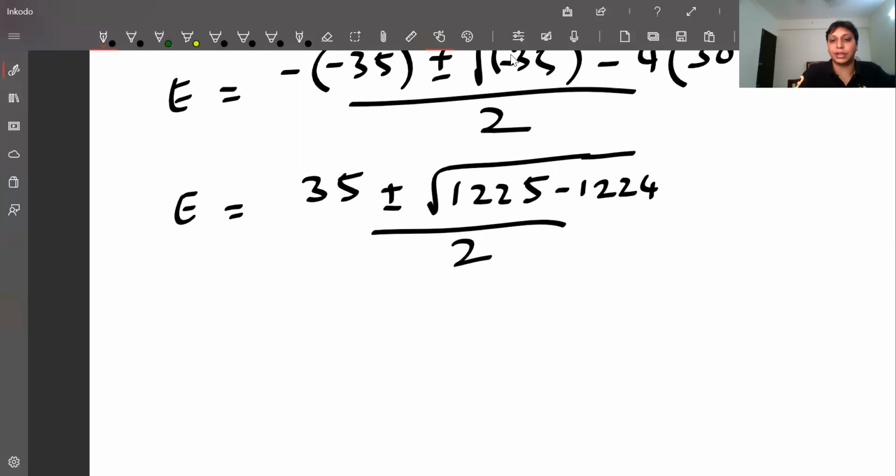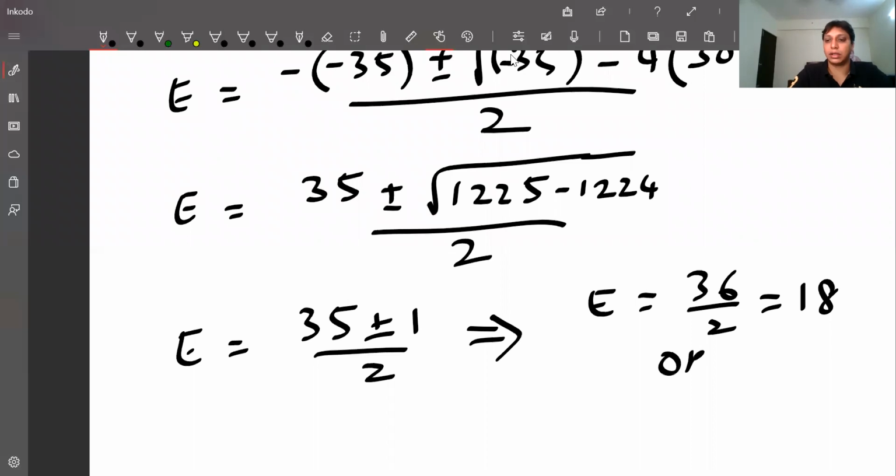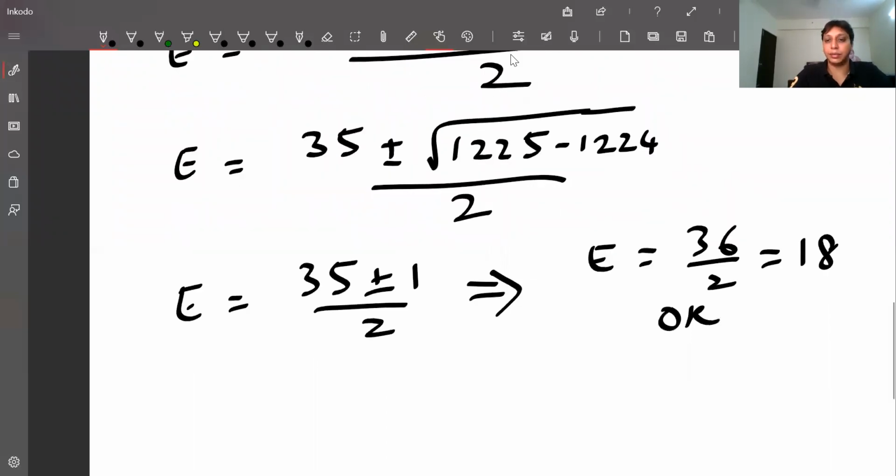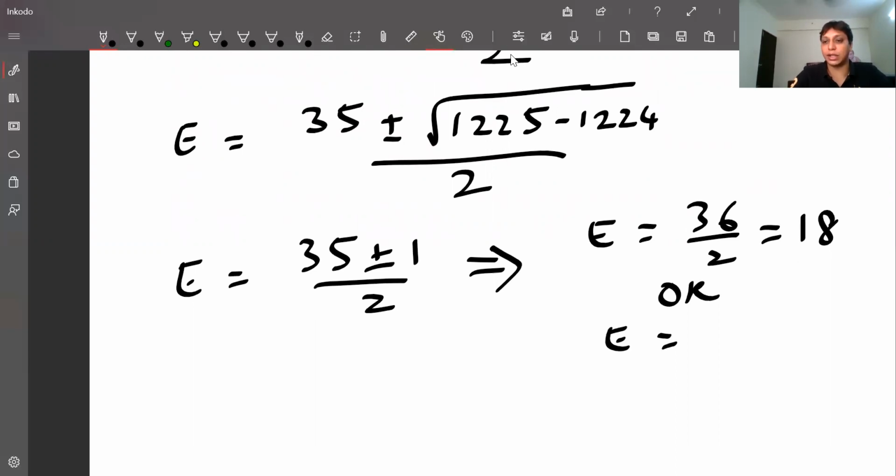Therefore, the values of E: if you take the positive one, you get 36 by 2, which is 18, or you get E equal to 34 by 2, because 35 minus 1 is 34, which gives us 17.